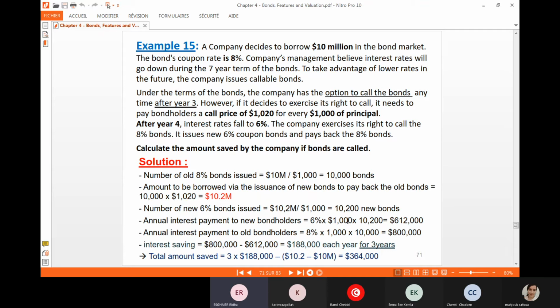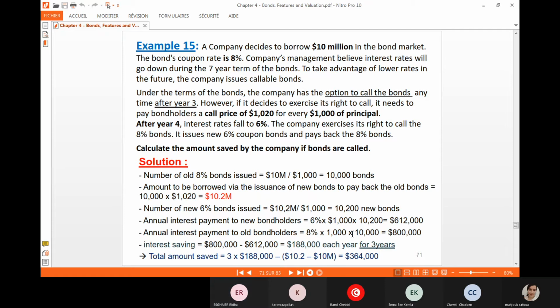So you have to pay annually $612,000 to the bondholders if you decide to issue 10,200 new bonds with 6% coupon rate. Compared to the old bonds issued with 8% coupon rate, we issued 10,000 bonds.